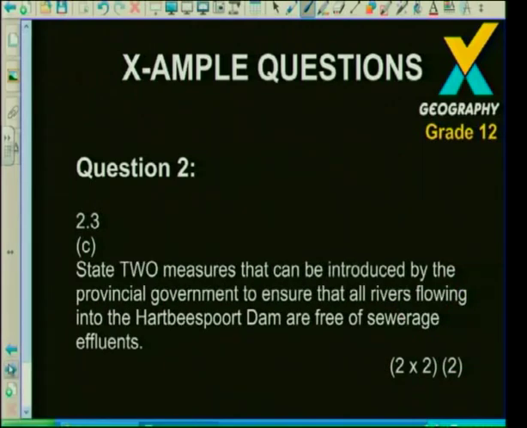Okay, the last question for this particular diagram and information: state 2 measures that can be introduced by the provincial government to ensure that all the rivers flowing into the Hartbeespoort Dam are free of sewage effluents. Sewage effluents, another word for that would just be pollution.